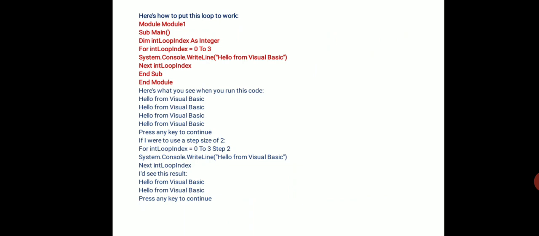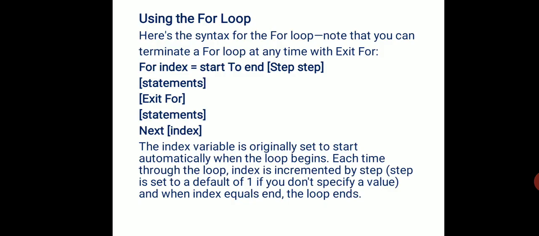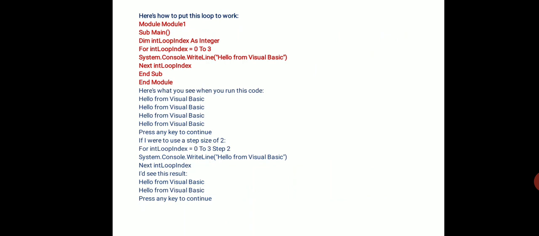See the For loop: For index = start To end, and this step is optional. Here the index is intLoopIndex, start is 0, end is 3.